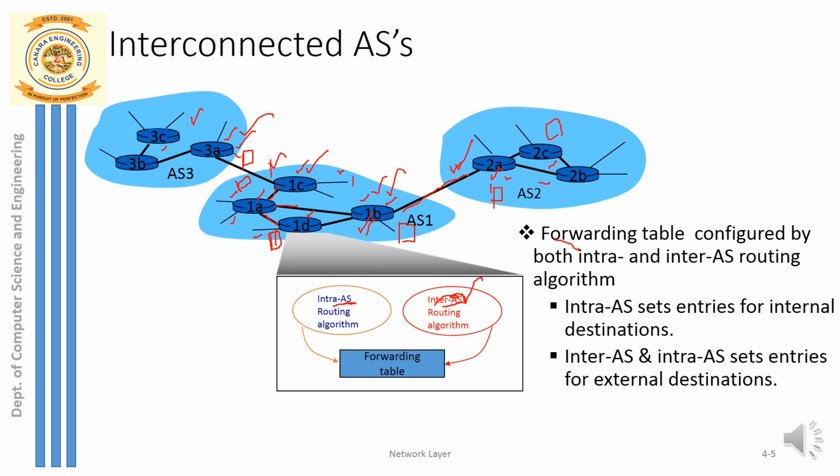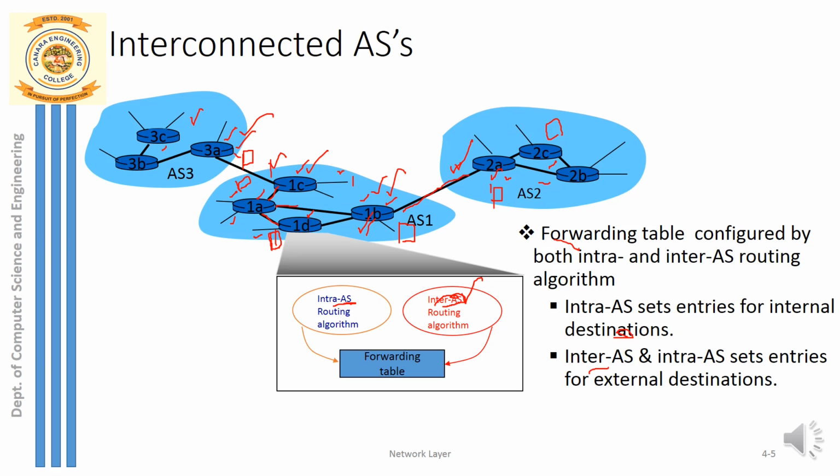That is how inside the autonomous system the shortest path is calculated, and that information is maintained within the forwarding table. You can see here the intra-AS entries are for internal destinations. Suppose any router wants to send a packet within the autonomous system, then intra-AS entries should be made in the forwarding table.